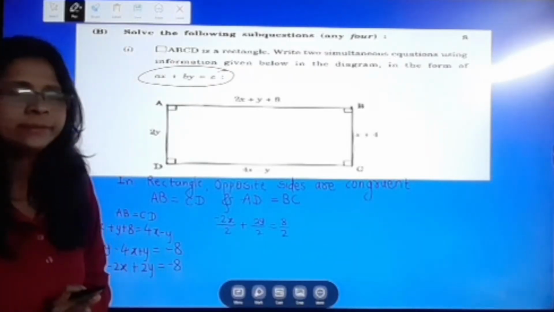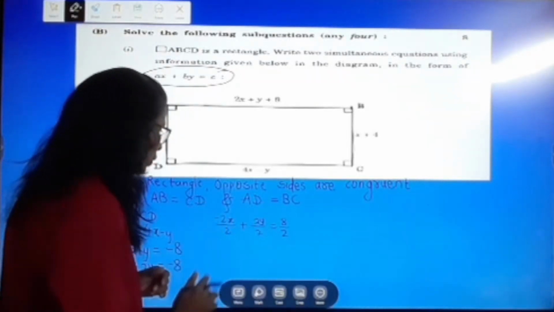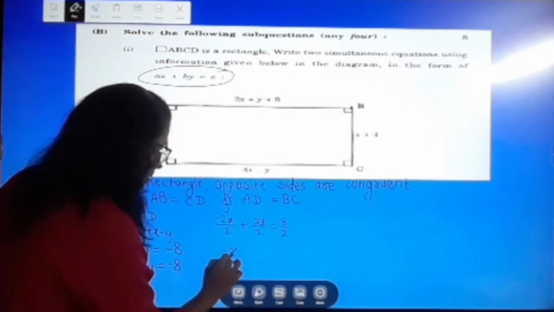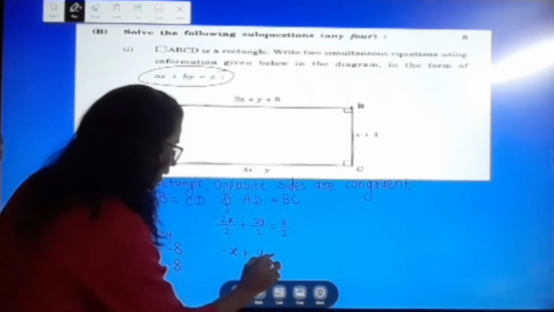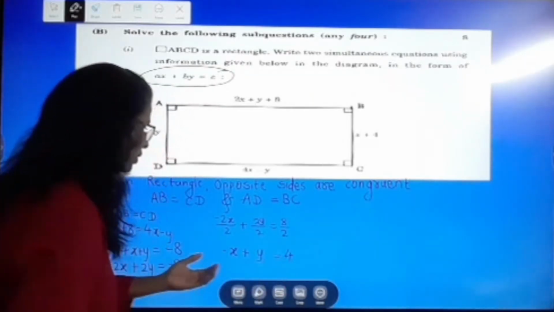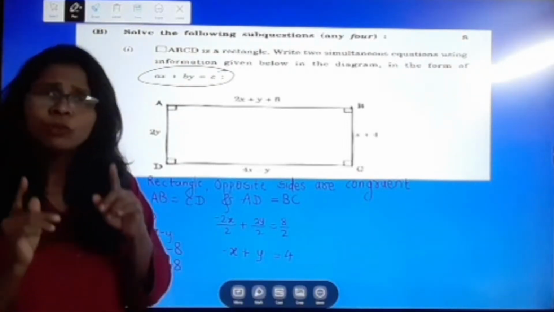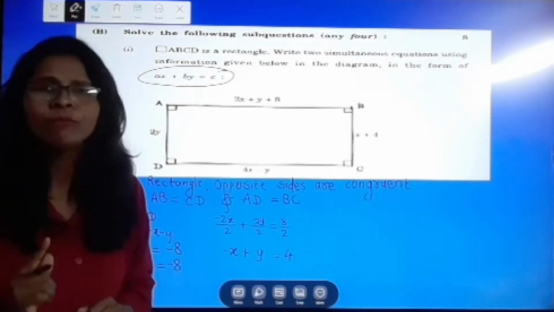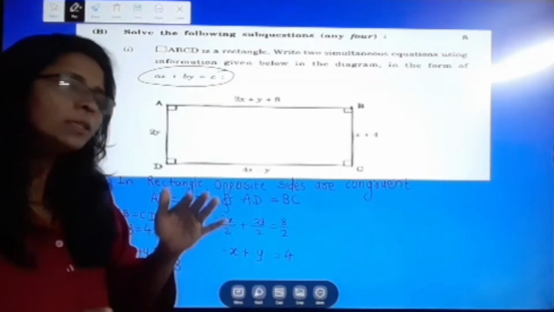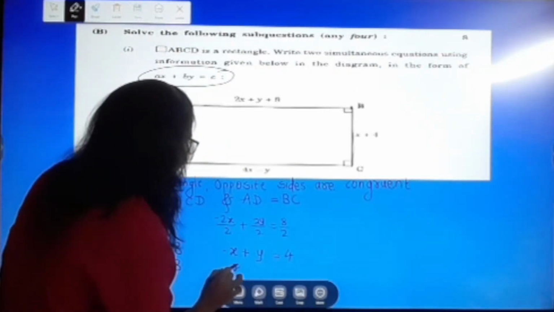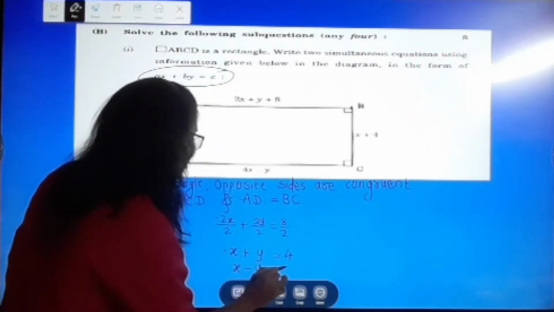So we divide these terms by 2. So now minus x plus y is equal to 4. Also, if you want to simplify further, then x minus y is equal to 4.